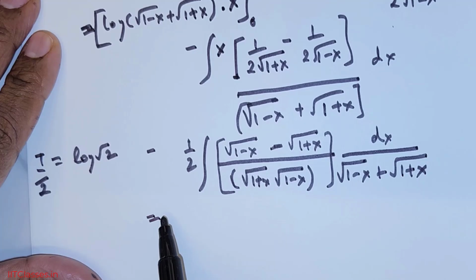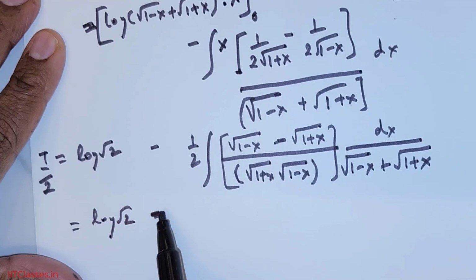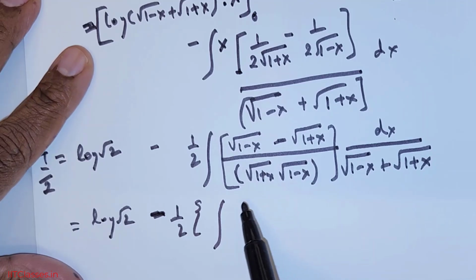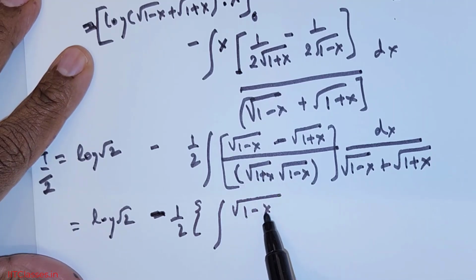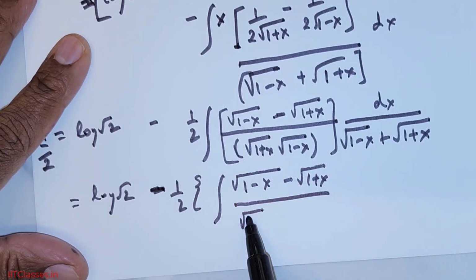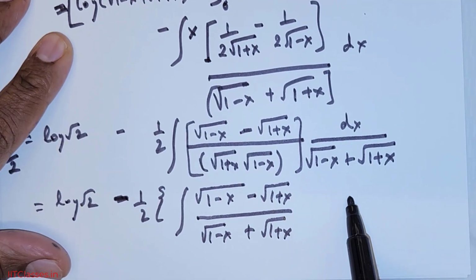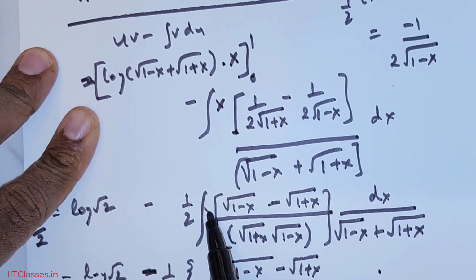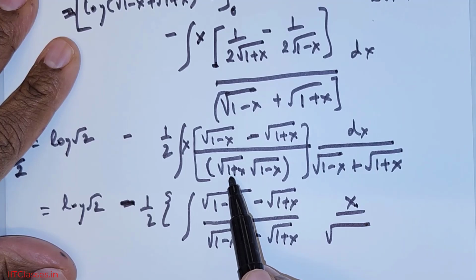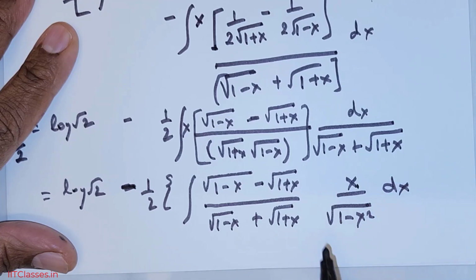Now I can further rewrite this as log of root 2 minus 1/2 times the integral, I'm going to club it like this, of (root of 1 - x minus root of 1 + x) divided by (root of 1 - x plus root of 1 + x), times x over the root of 1 + x times 1 - x, which can be rewritten as 1 - x squared, times dx.